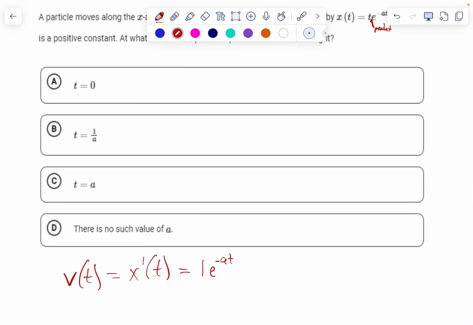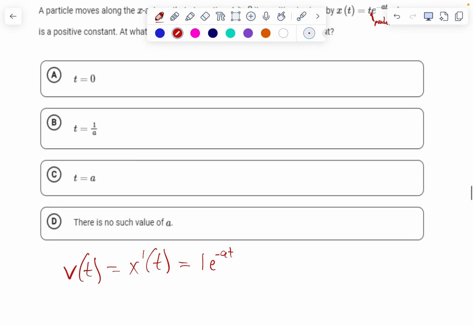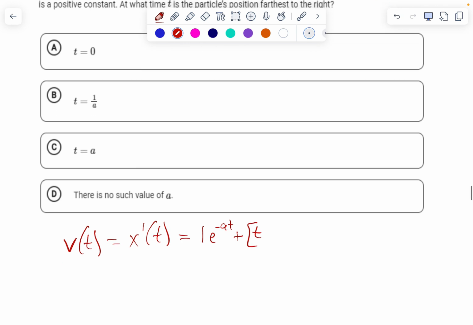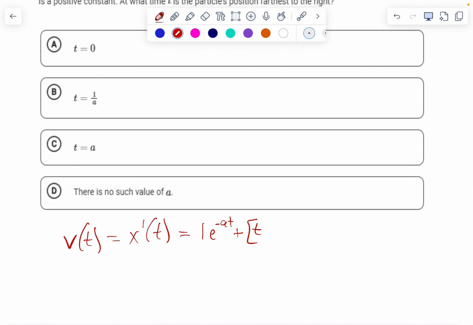So that is f prime g plus, and I'm going to use a bracket because we know the chain rule is coming up. So this is going to have two pieces. Now we have f, and then we've got to do g prime. This will help clear up what we're doing. So this is f prime g. Now we're about to do f g prime.